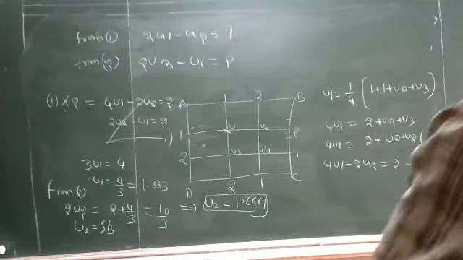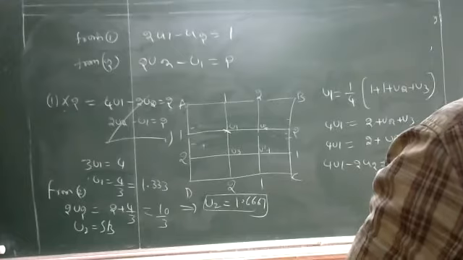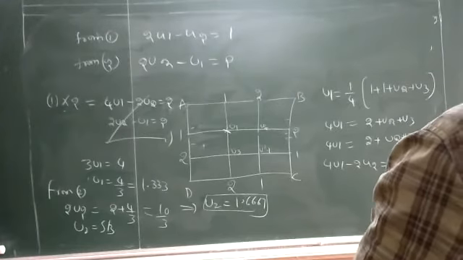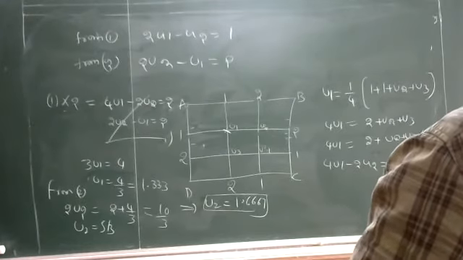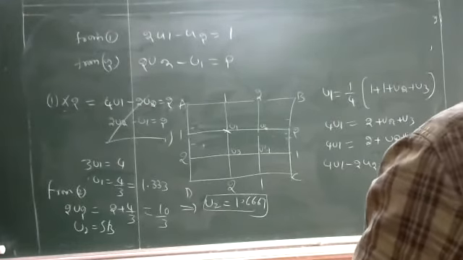We are getting the value of u2 as 1.666 and u1 as 1.333.